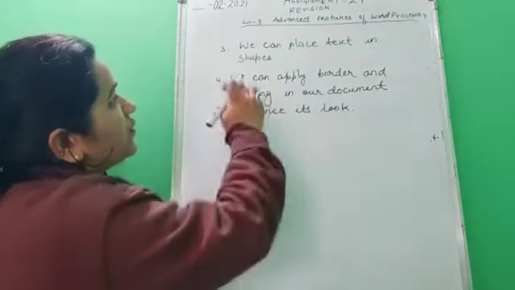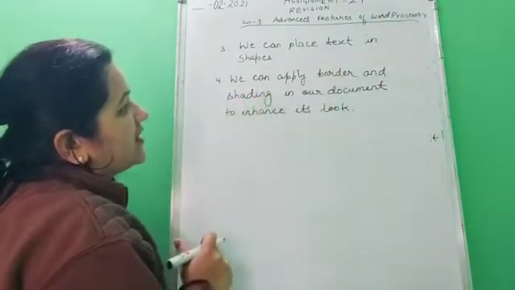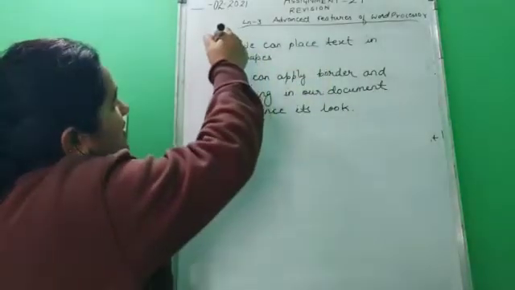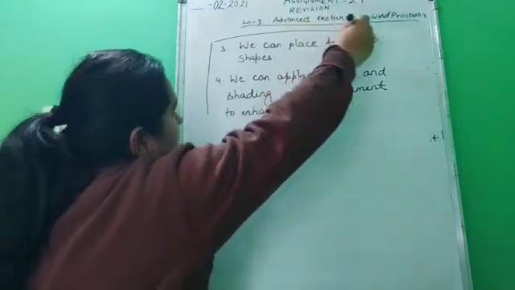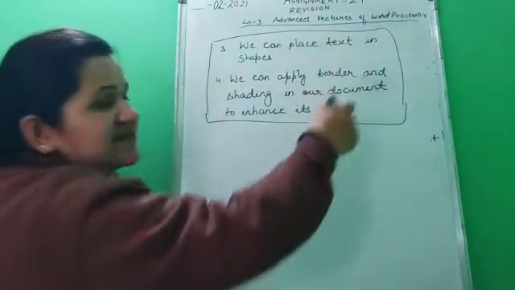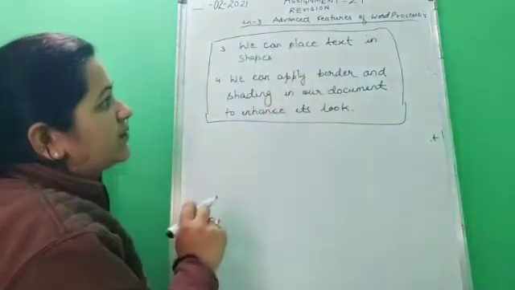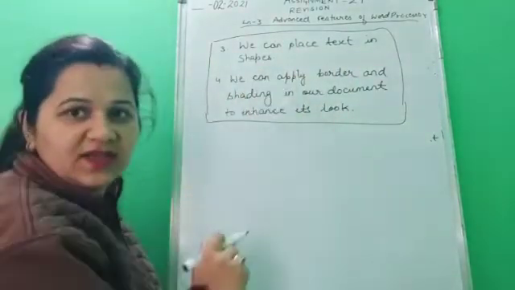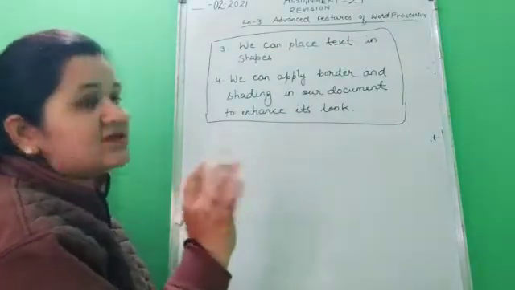Next comes, we can apply border and shading in our document to enhance its look. Suppose you have written down something, if you want to apply border, you can do this also. Border is an outline which is applied all around the text, children. Next is shading.